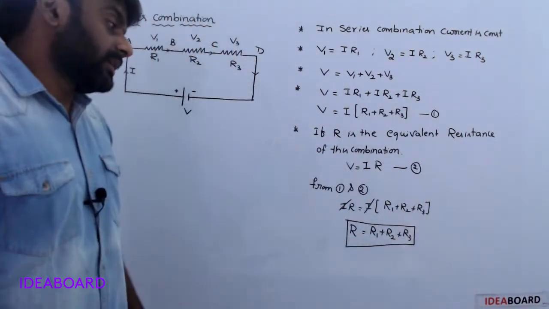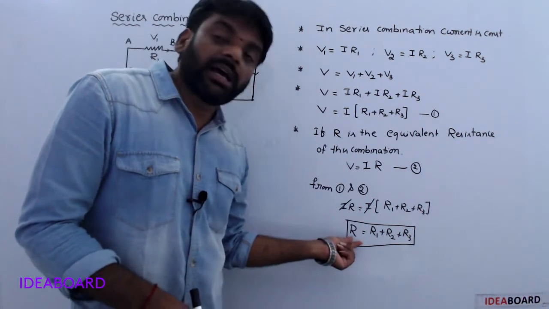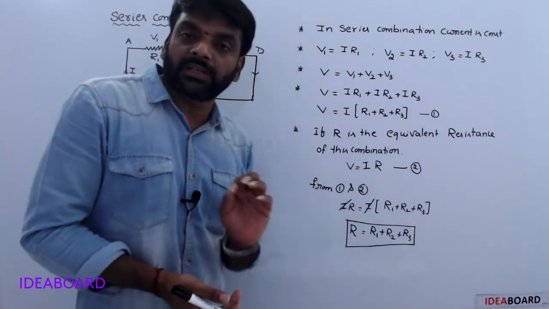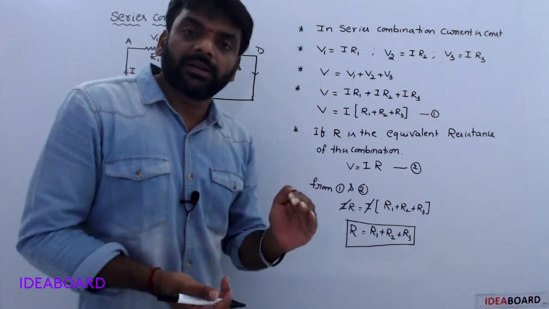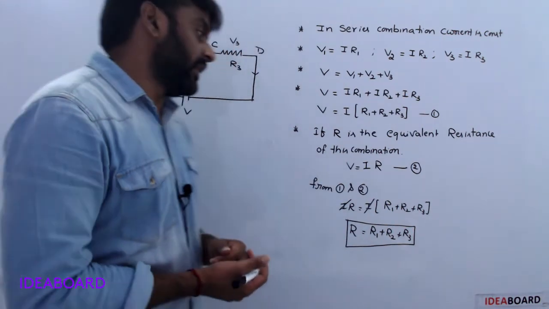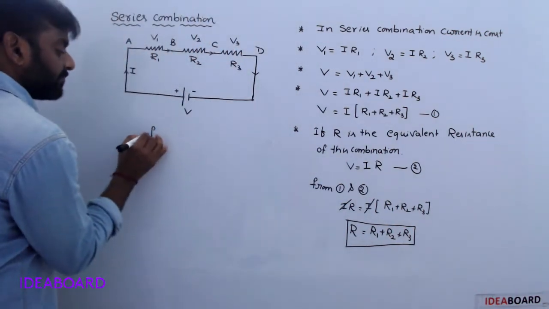Understood? Simply, in series combination, R is equal to R1 plus R2 plus R3 and so on, for any number of resistors.